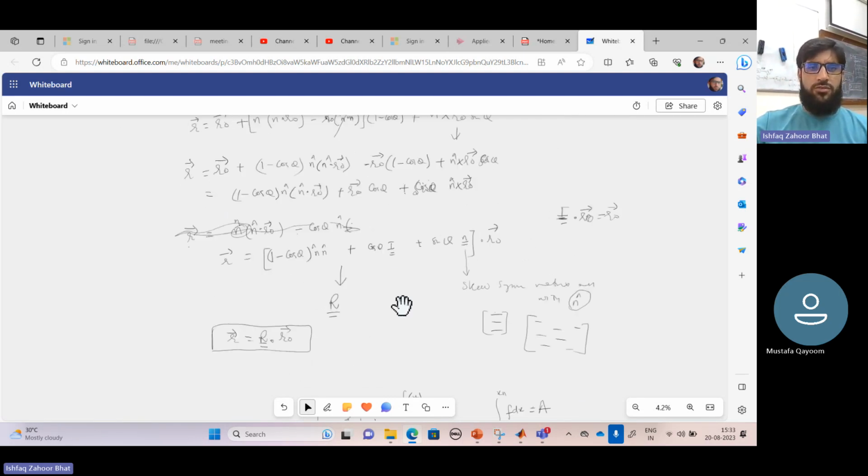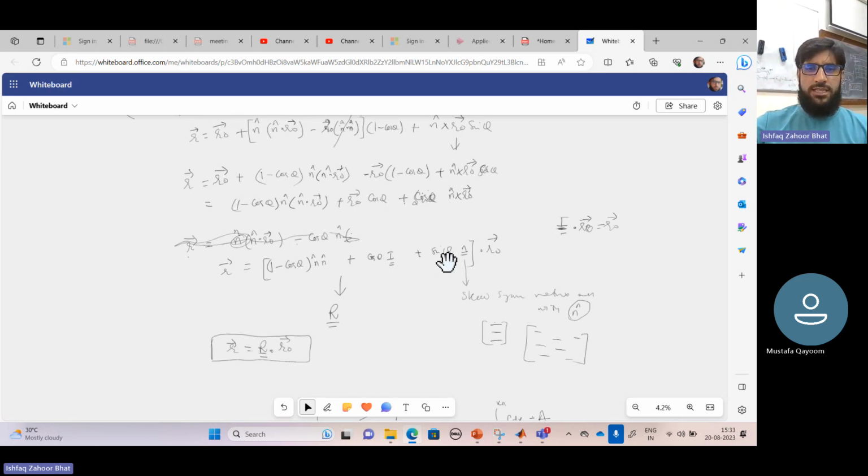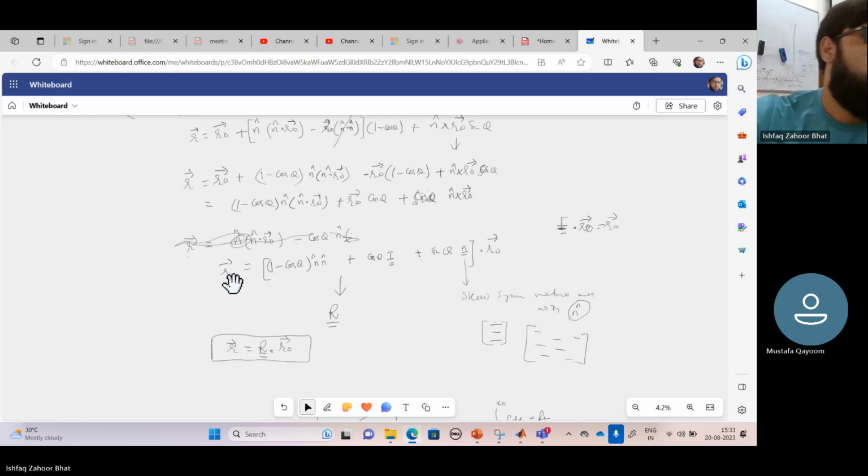If we have r naught and we rotate it by theta about this n, this formula will give us the new vector which we will get if we rotate it. Today, let us continue with the same, and we will see how we can use the dynamics and Newton's law for rotating rigid bodies.